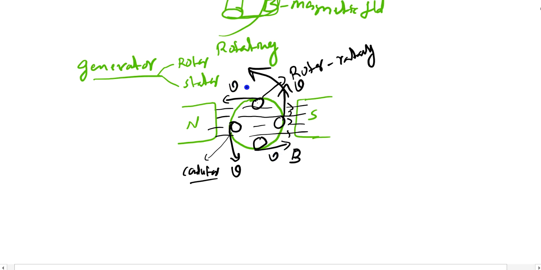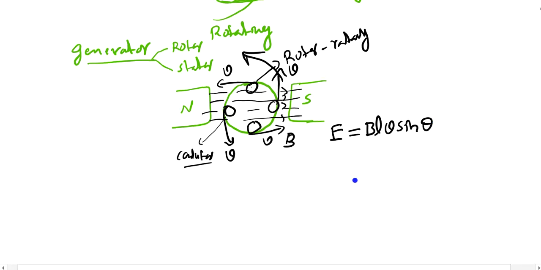Then the EMF induced in the conductor can be written mathematically as B L V sine theta. That is the EMF induced in your conductor in case of generators.